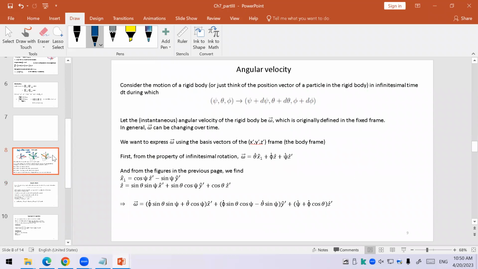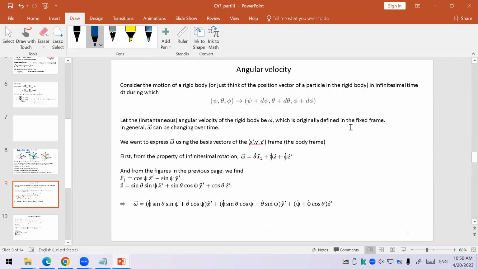Okay, so with these 3 angles, how do we describe the angular velocity? Right, so remember what I told you about the infinitesimal rotation in part 1 of this chapter.